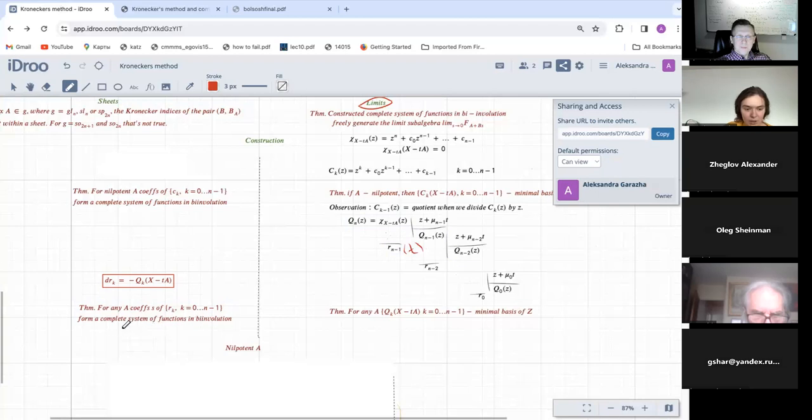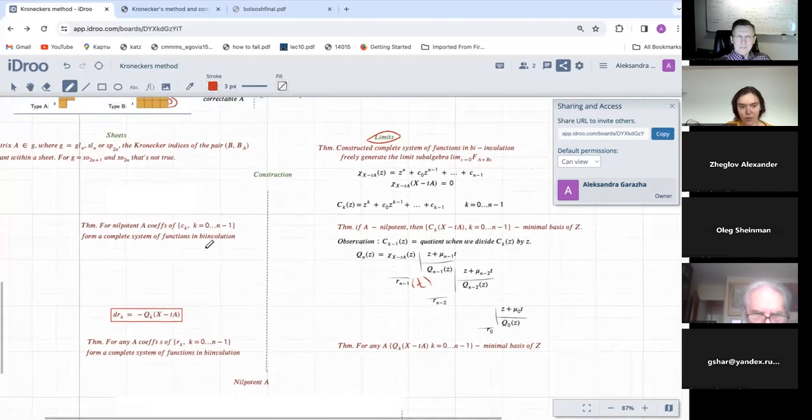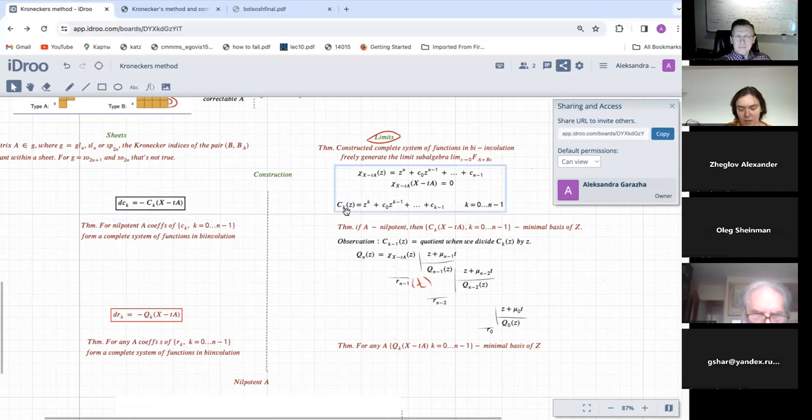If we take all the coefficients over t, we obtain the Kronecker part of the complete system of functions in bi-involution. And it means that for the nilpotent case, when we integrate these elements, we obtain just the coefficients of the characteristic polynomial.